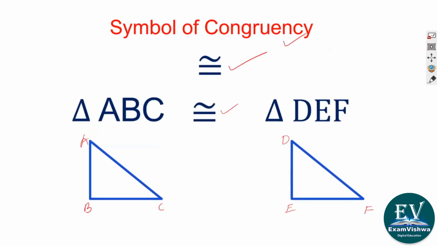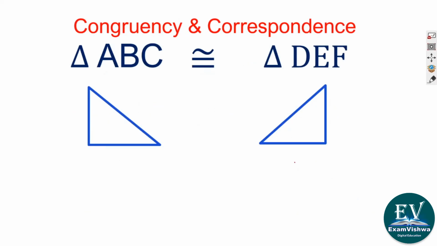The same triangle which was shown here, I just tilted this, इसको जरा घुमाया, so the triangle looks like this, देखो. And I have written triangle ABC is congruent to triangle DEF. That means if I write ABC like the earlier cases and DEF, something is wrong.